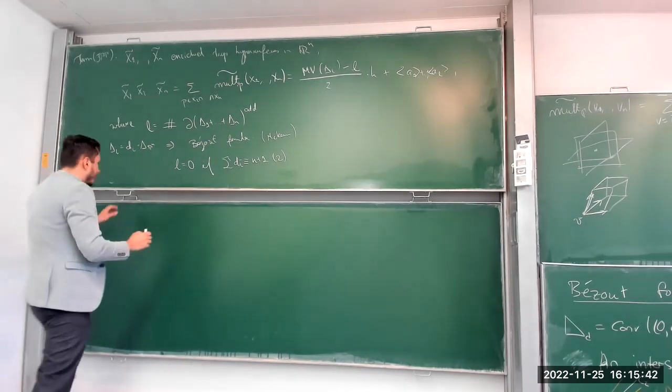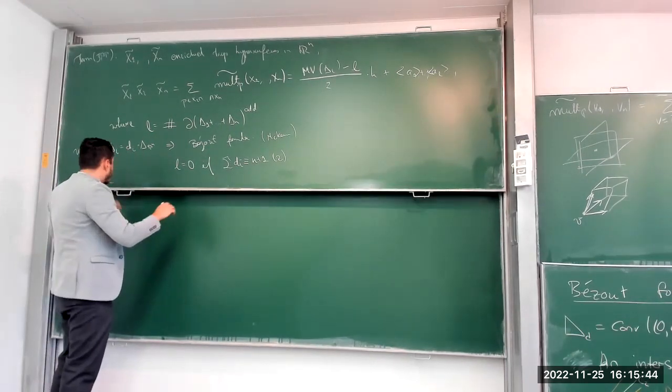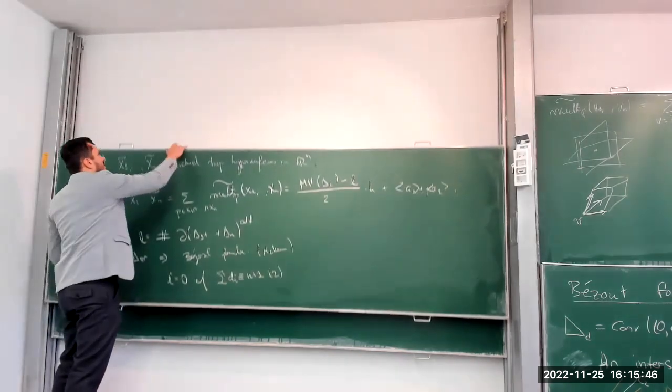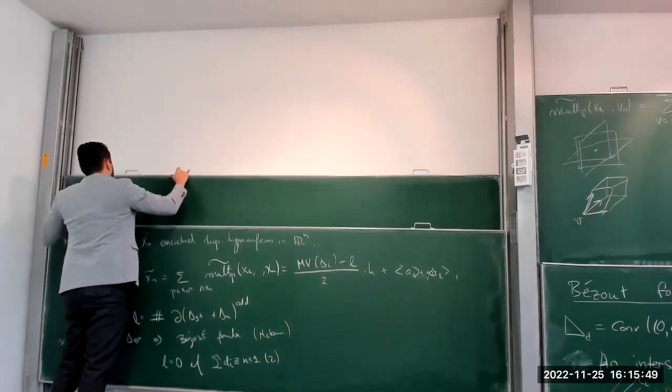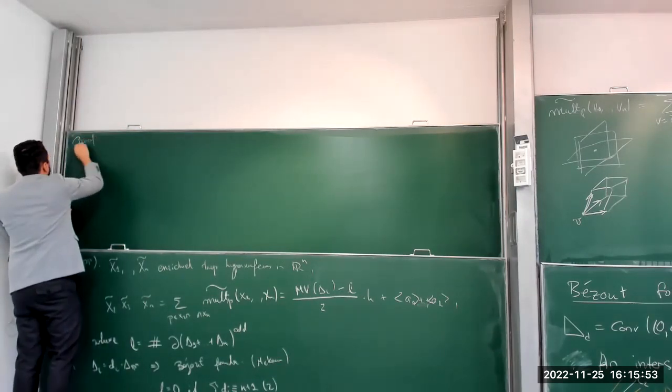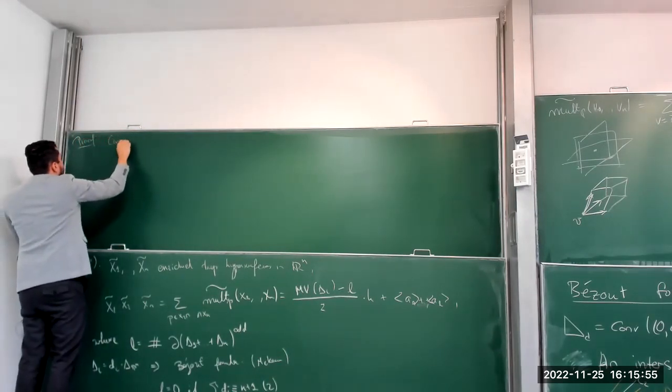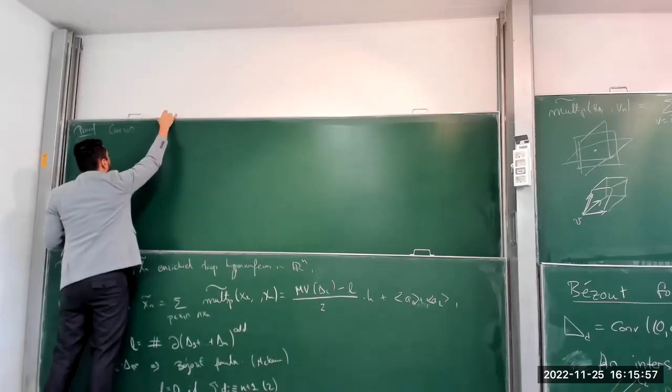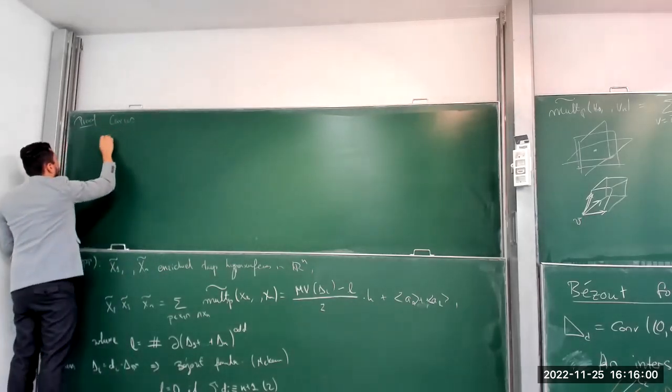Okay, so how do we prove it? We prove it first for curves, and then we use this to solve the higher dimension. So for the curve, just look at the odd points.